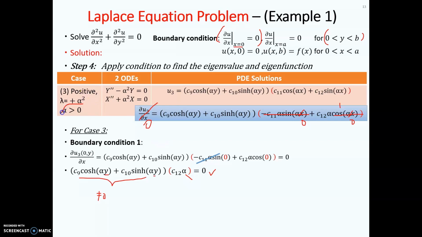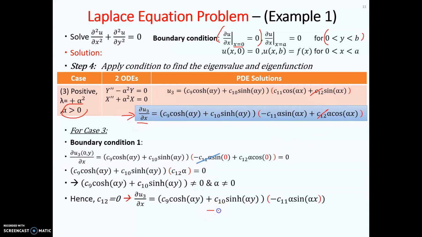Alpha here is greater than 0, therefore this is not equal to 0 as well. So your C12 here must be equal to 0 to make the multiplication here become 0. So you can substitute C12 equal to 0 inside here. So you obtain the new derivative to be this.